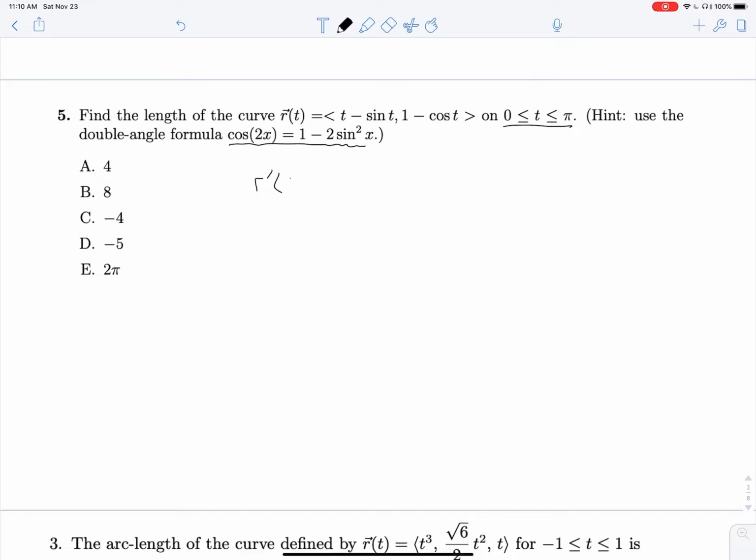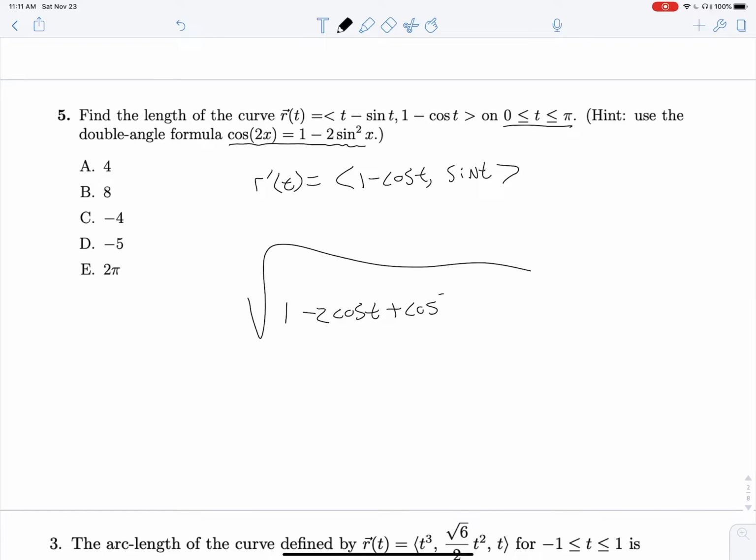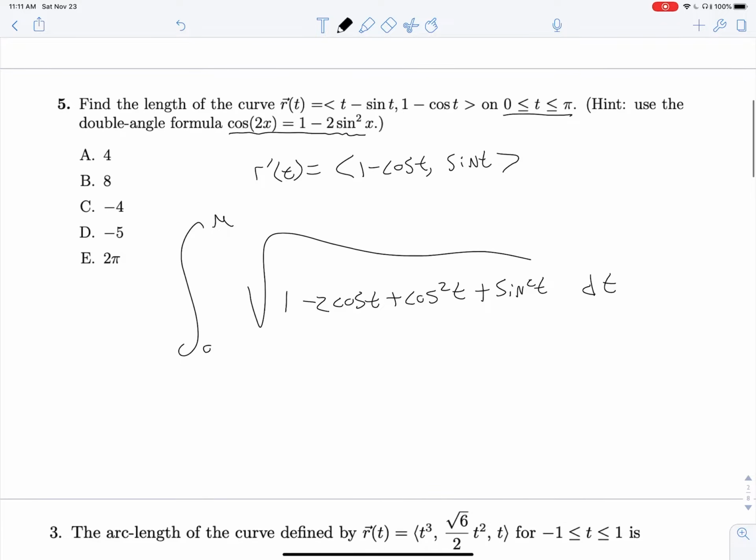R prime of t is going to be 1 minus cosine t, comma, sine t. And so our big square root expression is going to be the square root of 1 minus 2 cosine t plus cosine squared t plus sine squared t dt, and this is all from 0 to pi.